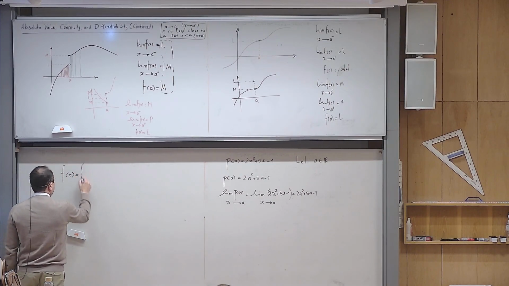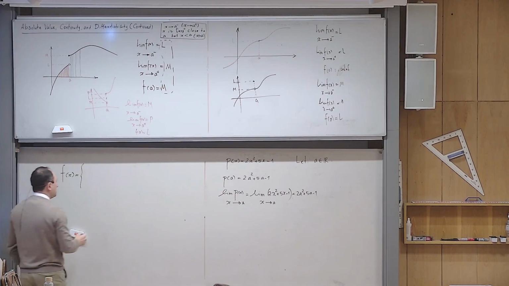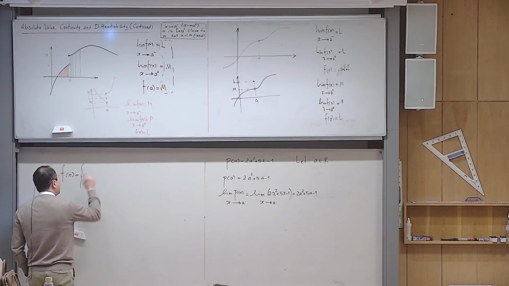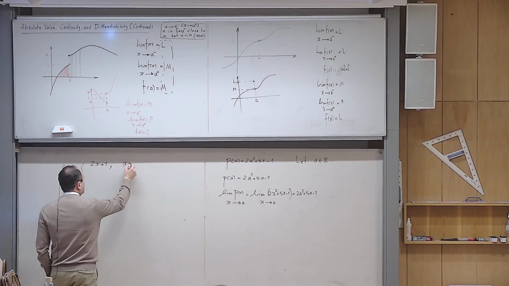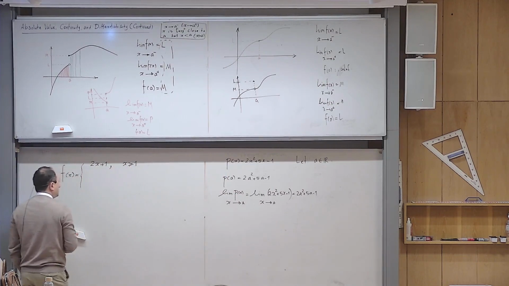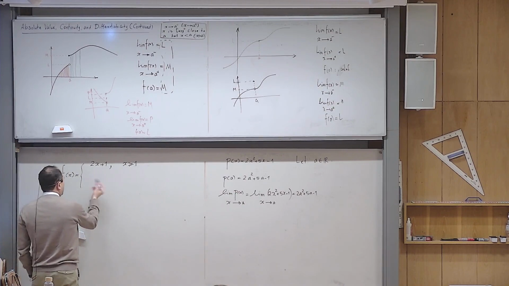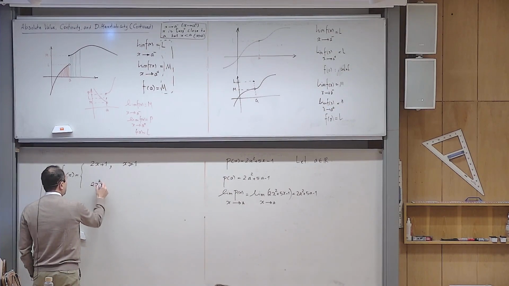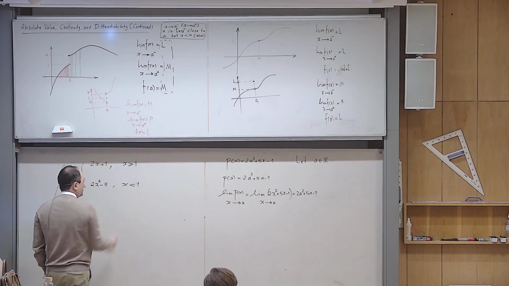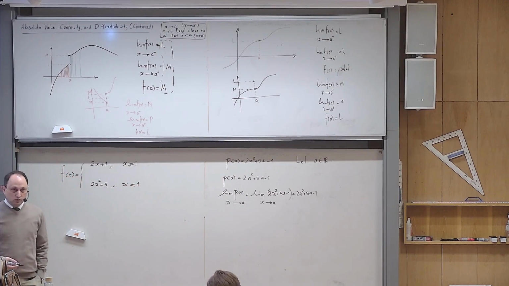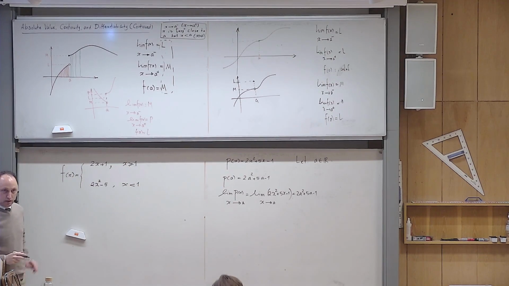I would say let f of x be equal to 2x plus 1 if x is greater than or equal to 1, and 2x squared minus 5 if x is less than 1. So that is one single function.